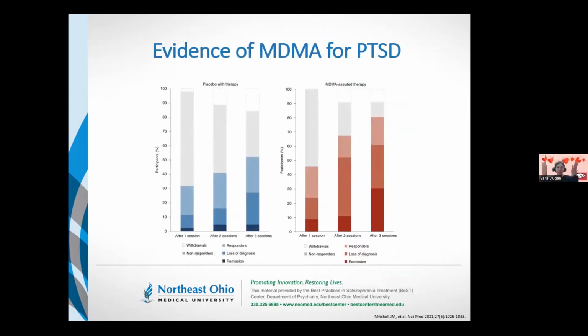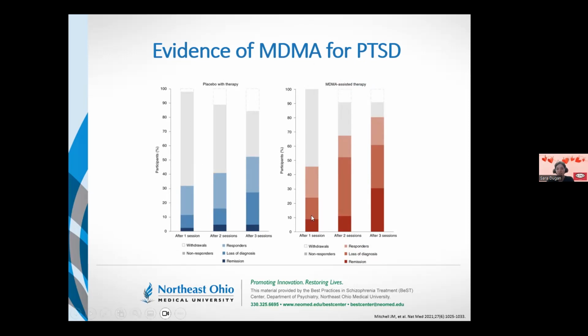When they looked specifically at patients who were treated with placebo versus those that were treated with MDMA, the results were pretty impressive. So these folks did have pretty significant response. I want to focus on the dark colors here at the bottom. This darkest red are the number of patients who were in remission. So essentially their symptoms were mild to no symptoms whatsoever.